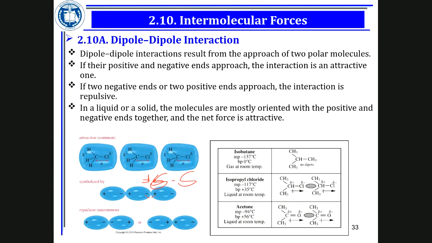And this attraction is nothing other than an electrostatic attraction. Because your polar molecule has this positive and negative charge permanently, it is going to attract the adjacent molecule on the opposite side.